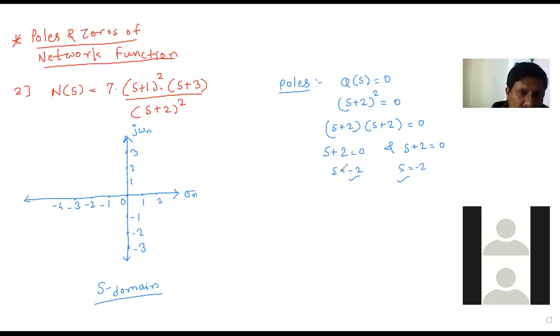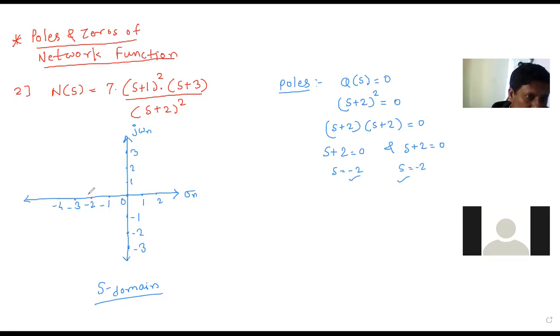So at the location s is equal to minus 2 on the real part, you have to plot two X. Somewhat you have to show it like this. Two should be visible there. Don't trace over the same X; take it slightly aside and put another X or multiplication sign at the location s is equal to minus 2. See whether two are visible, zoom in and check. You will get two poles at s is equal to minus 2.